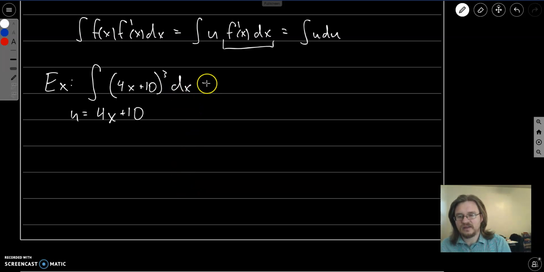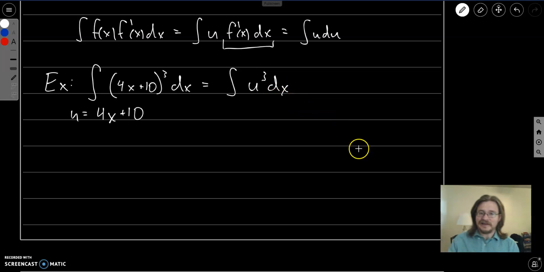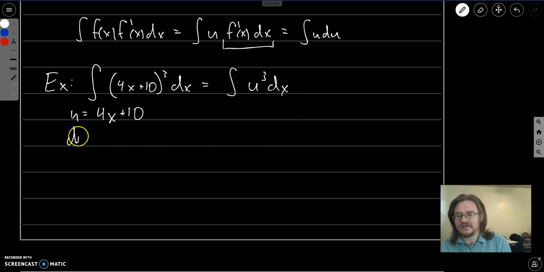And right away, if I make that substitution, if 4x plus 10 is going to be u, I'm going to be integrating u to the third power, but with dx out here. I don't want dx, I want du. I don't want to take the integral of u with respect to x, I want to take the integral of u with respect to u. I want du out here. So I need to find du. And again, du is just going to be the derivative of this with a dx.